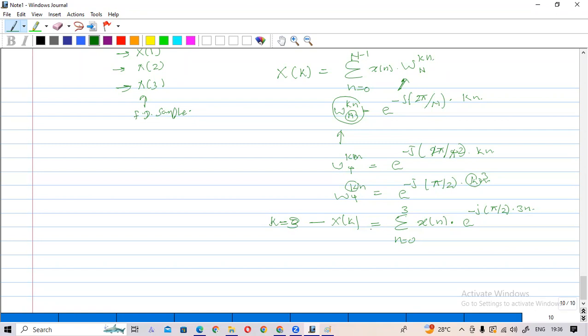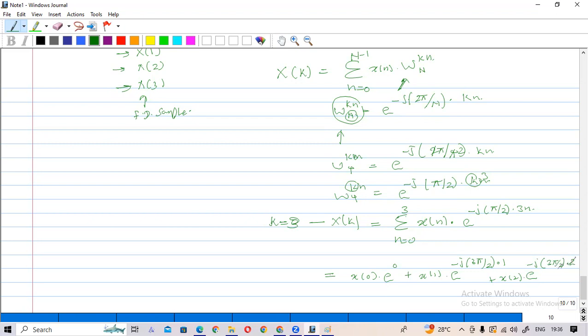Now you have to expand this, which is very easy. For n equal to 0, x(0) times e to the power 0, plus n equal to 1, x(1) times e to the power minus j 3π by 2 for n equal to 1, plus x(2) times e to the power minus j 3π by 2 for n equal to 2.